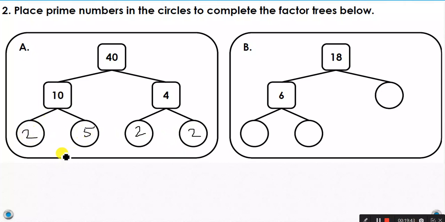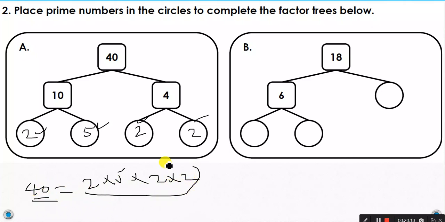So we can rewrite 40 as a prime factorization. Let us check by multiplying 2 times 5 times 2 times 2, which is equal to 40. 2 times 5 is 10, 10 times 2 is 20, 20 times 2 is 40. So we can write every number with a prime factorization.